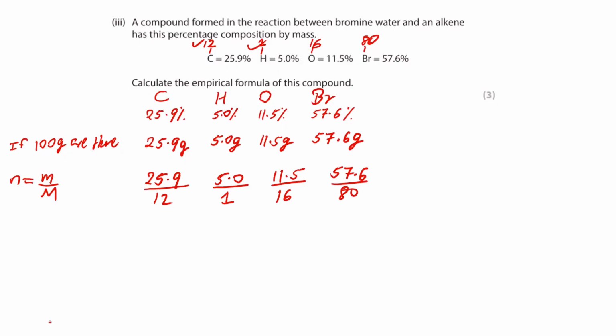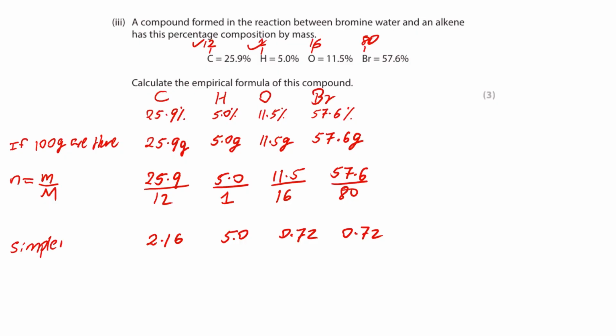When you divide, we get 2.16, 5.0, 0.72, 0.72.